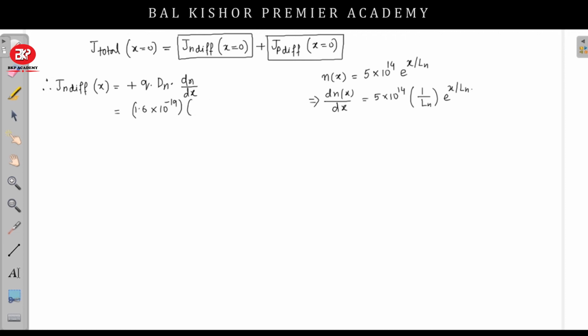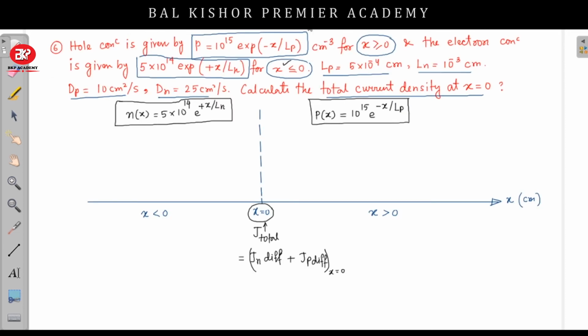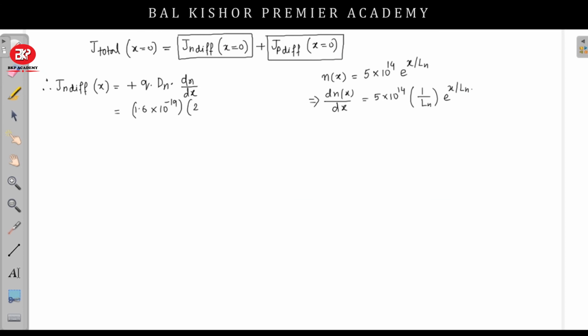What was the Dn value? My Dn value was 25. So Dn value is 25, and the dn by dx value I found here: 5 into 10 to the power 14 into 1 by Ln into e to the power x by Ln. This will be the value.